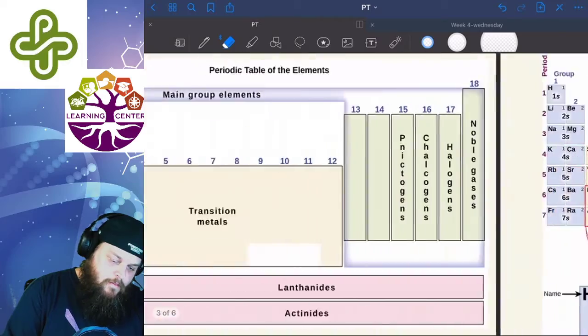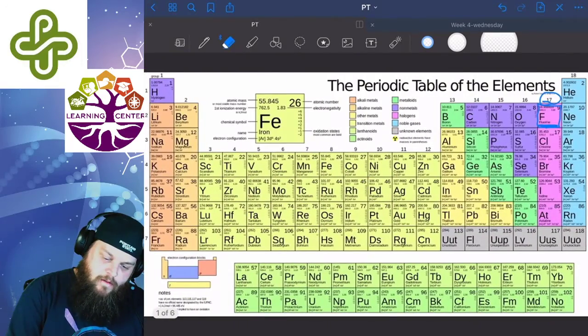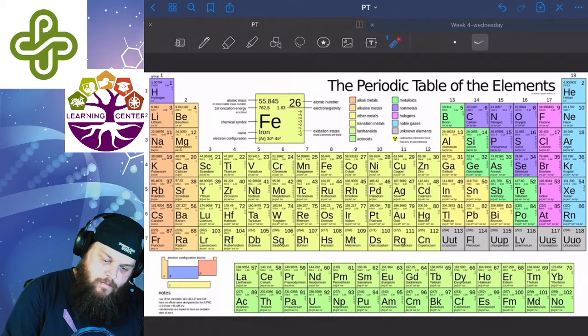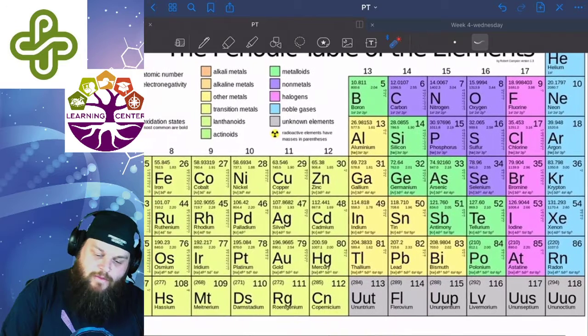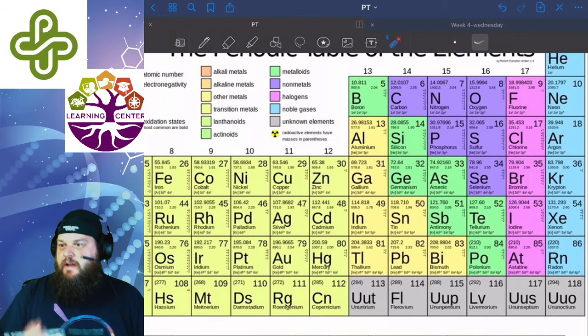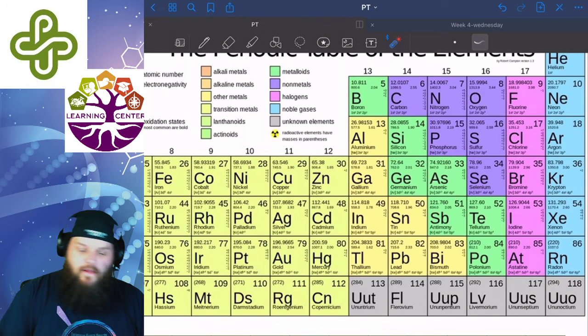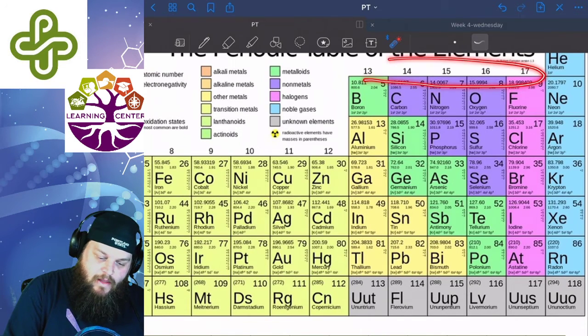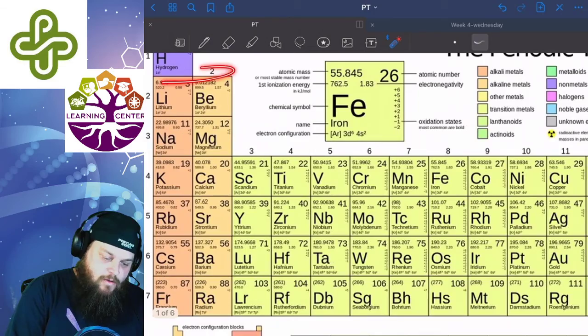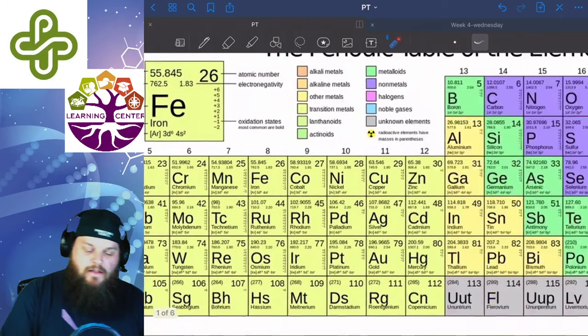jumping back to here, my favorite periodic table. Bromine's down here, and that means it's in group 17. We can really just subtract 10 from there and say that it has 7 valence electrons. That's going to be 5 of the p electrons here, and then 2 from your s electrons, so a total of 7.